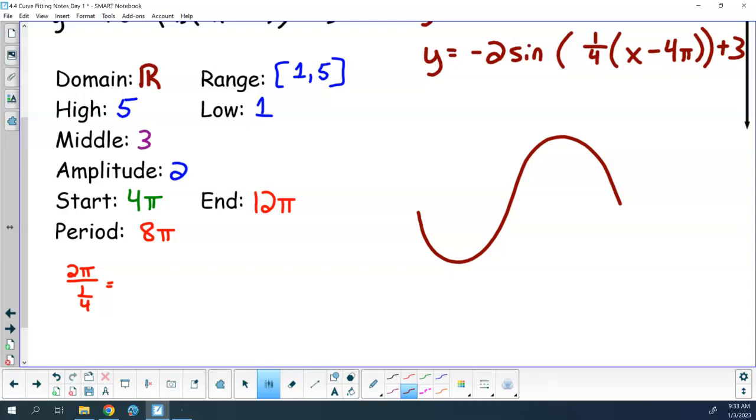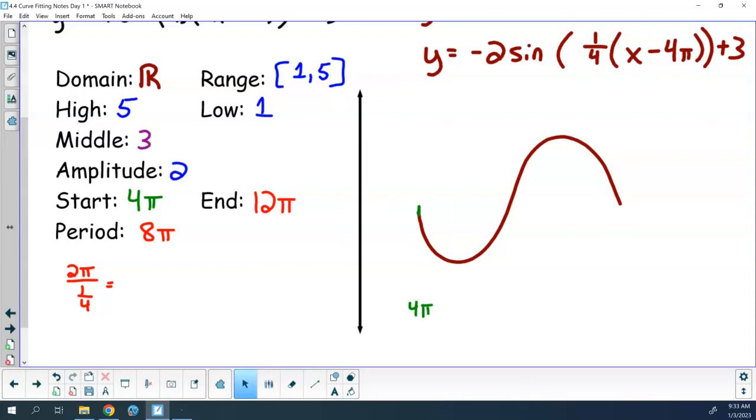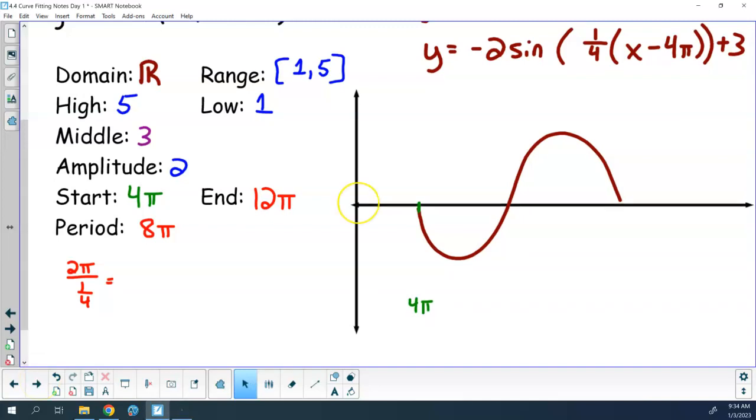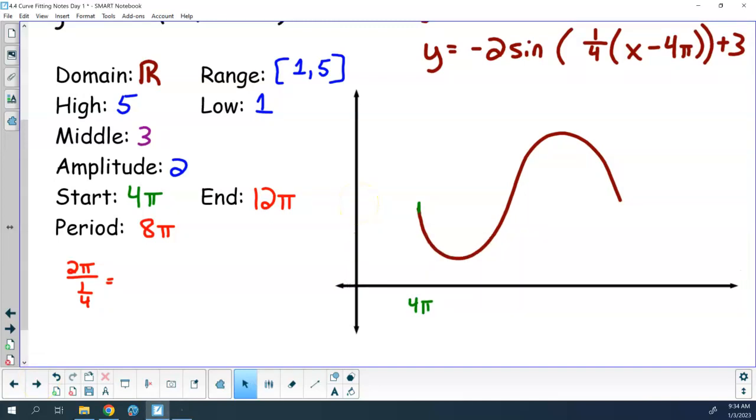Okay? So it looks like that, right? Now, we know that this point right here is at 4 pi, which puts my verticalness somewhere over there. Because my range starts at 1, that puts my horizontalness down there.